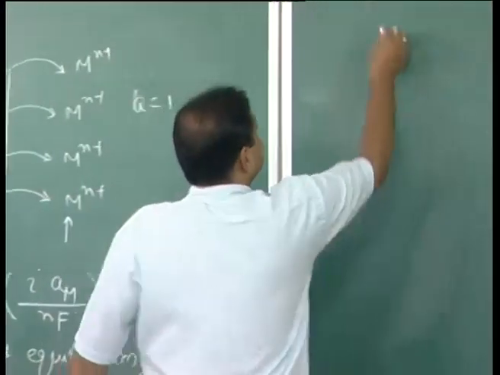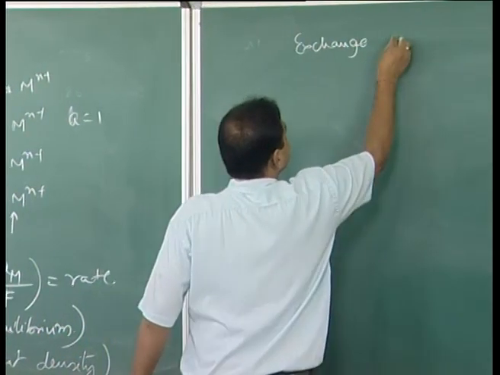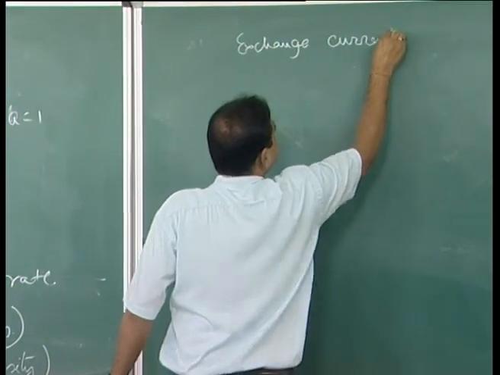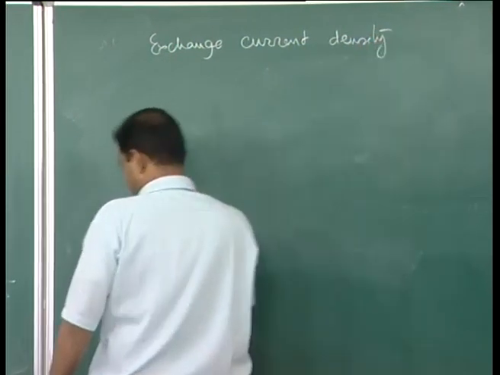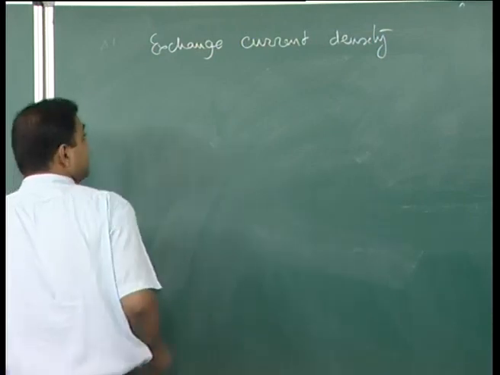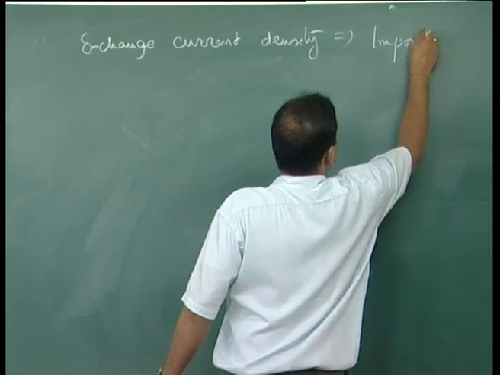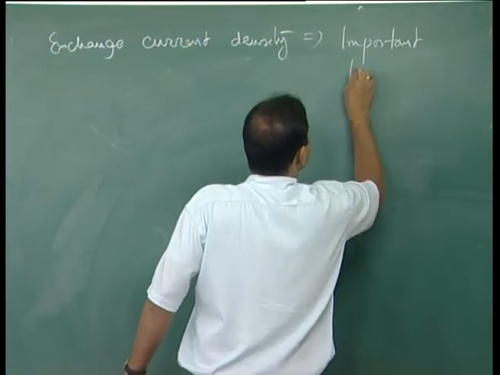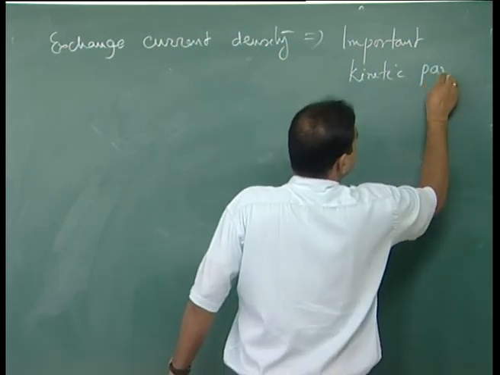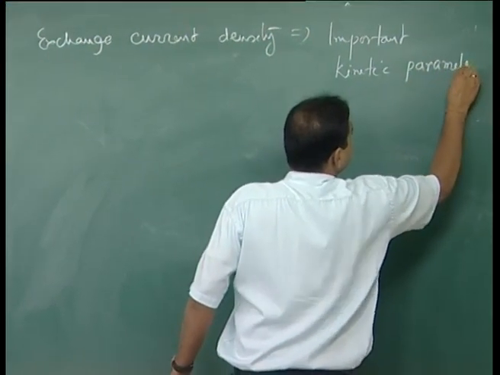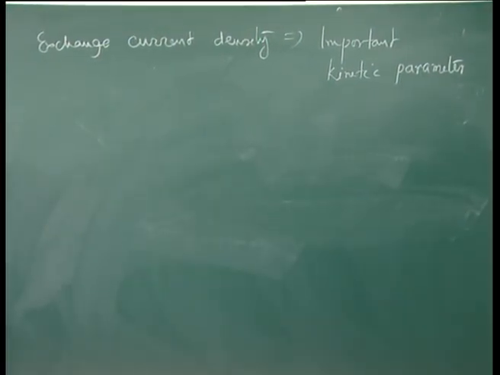So, exchange current density is one important kinetic parameter for the corrosion process.